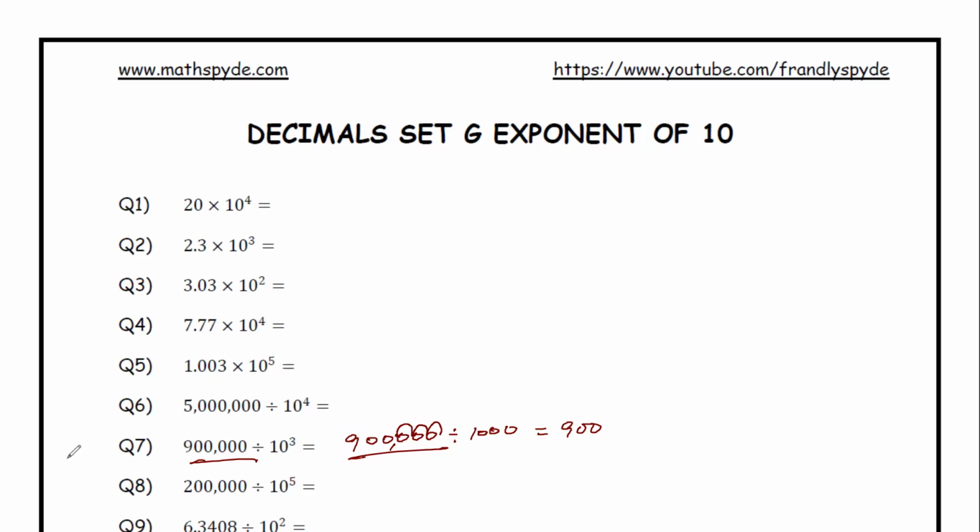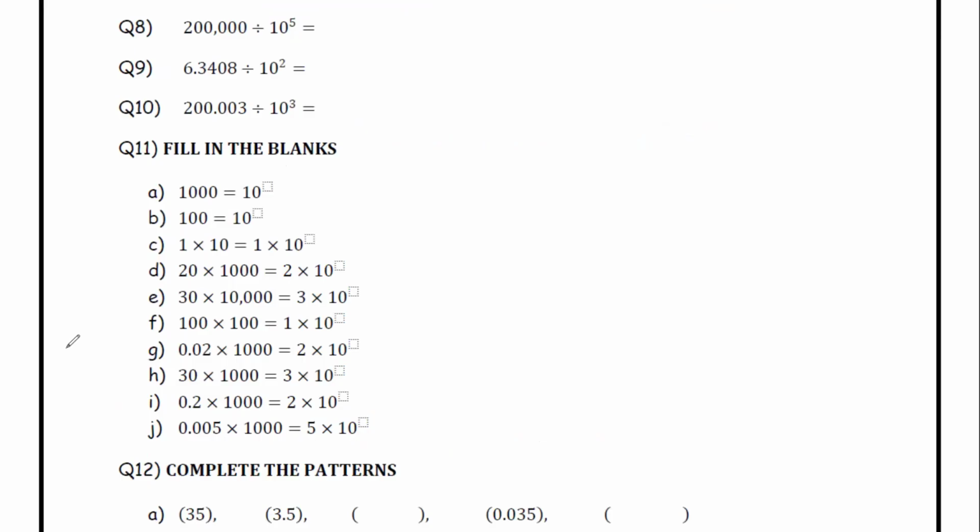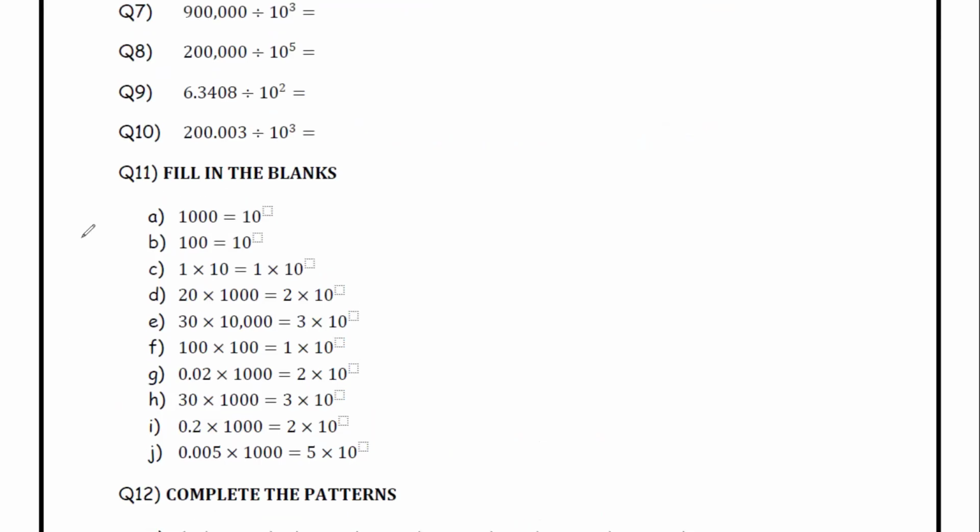Next, 200,000 divided by 5 zeros. So it goes back 1, 2, 3, 4, and 5. So you end up getting 2.